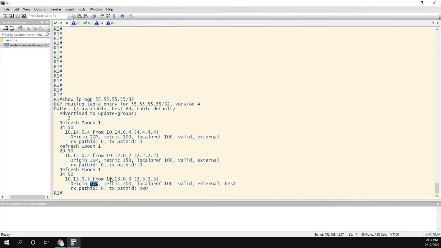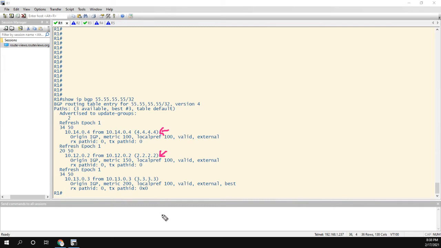But as you could tell, we didn't choose the one that had the best MED. We actually chose the one that had the worst MED. So why did this happen? Well, according to the BGP best path algorithm, the most recent path is evaluated against the one below it. So the way we list our paths here is that the most recent one is the one on top. So basically we have this route gets compared to this route.